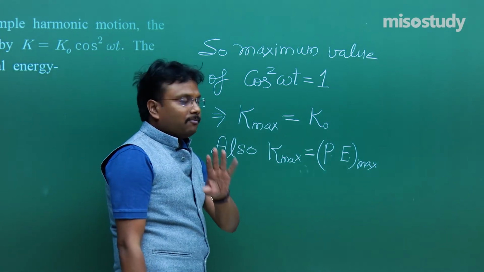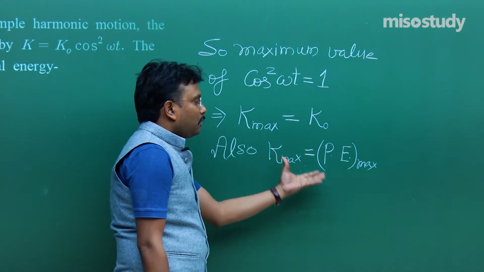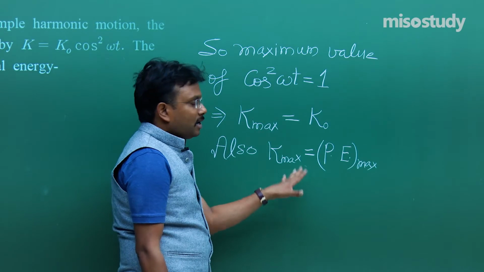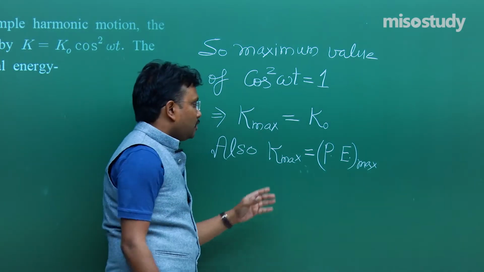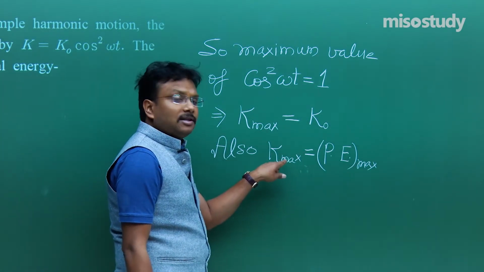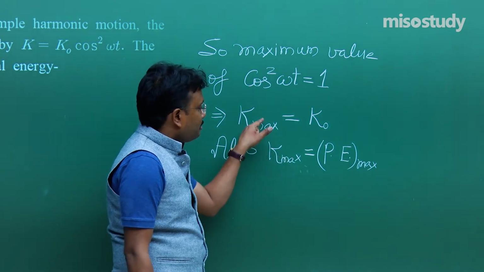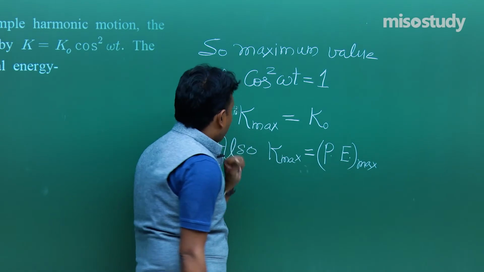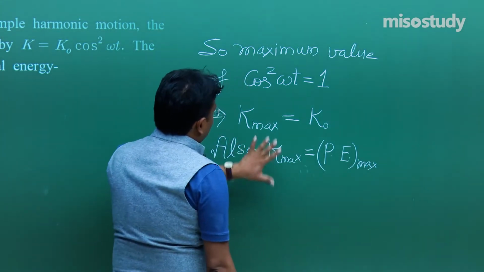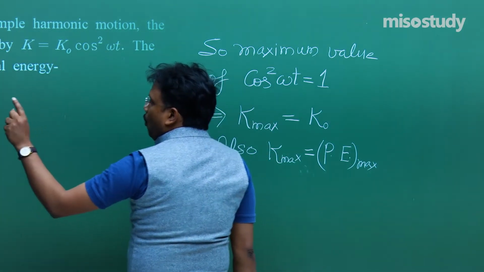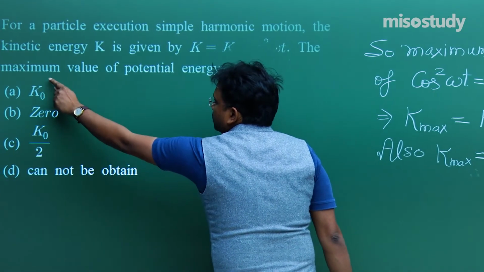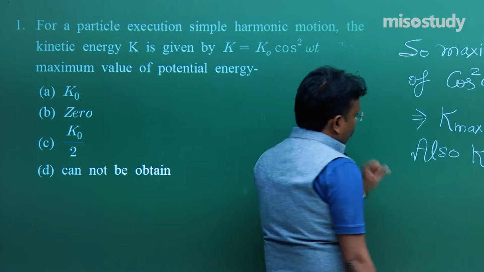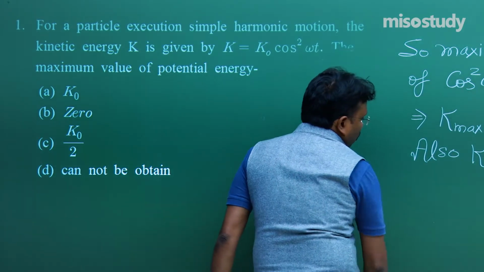Fine, but for all of you I would like to explain one or two extra steps over here. But regular students, those who are regularly watching our videos, will simply understand, okay, this is the reason that kinetic energy maximum is also equal to potential energy maximum. So now at least from this explanation we can say the first option, that is option number 1, is the correct option.